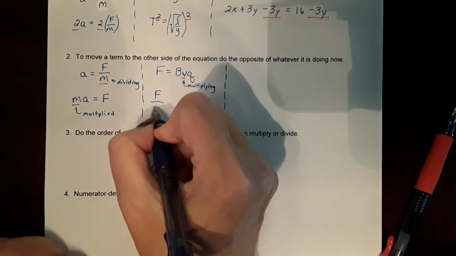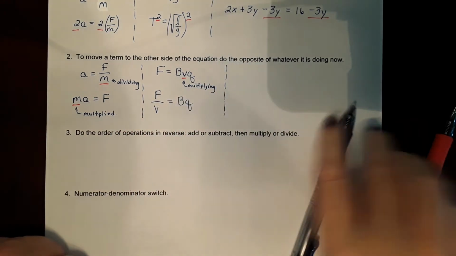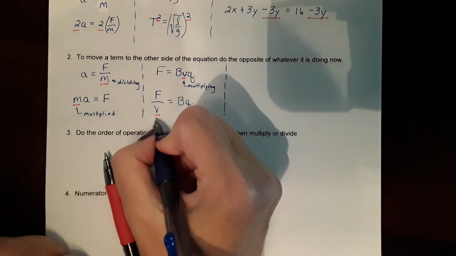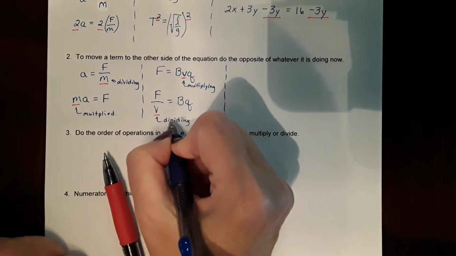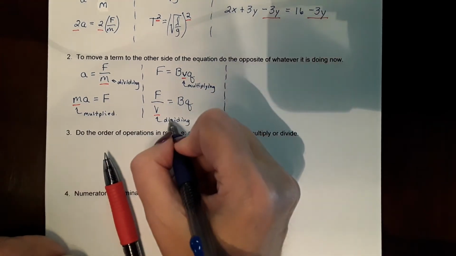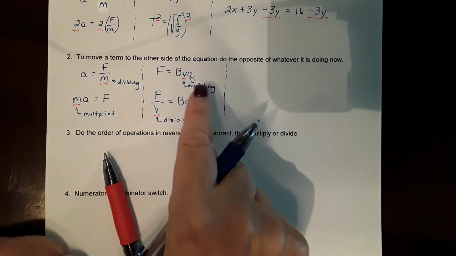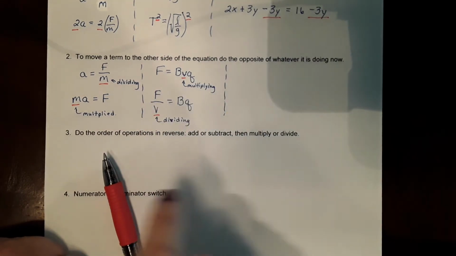So we would end up with f over v equals bq. All right? So now the v is on the other side. It's just doing the opposite of what it was doing before. It's dividing instead of multiplying. Okay? So whatever it's doing on its original side, you do the opposite on the other side.